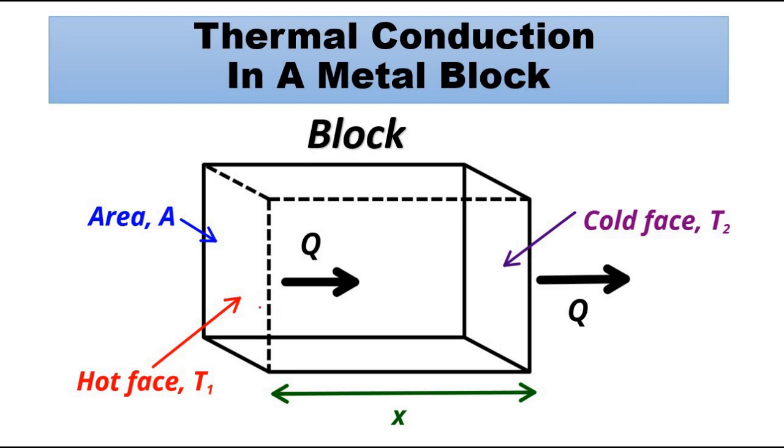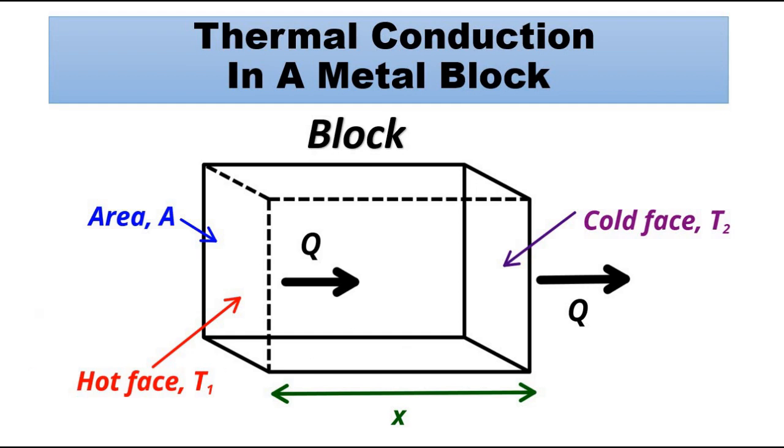Now we know that heat flow happens between two points which are at a temperature difference, high temperature to low temperature. So naturally heat will flow from T1 to T2, from this side to this side, which is the direction shown by the arrowhead. So this is the heat flow. Now here the area of each face is A, and the separation distance between the two faces is x.